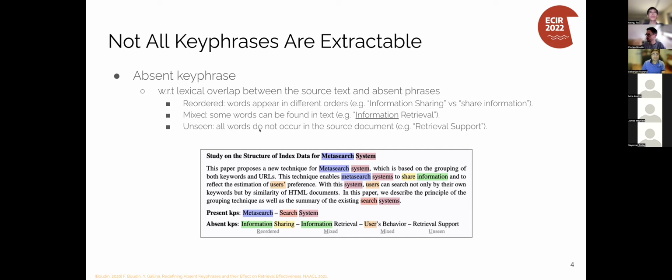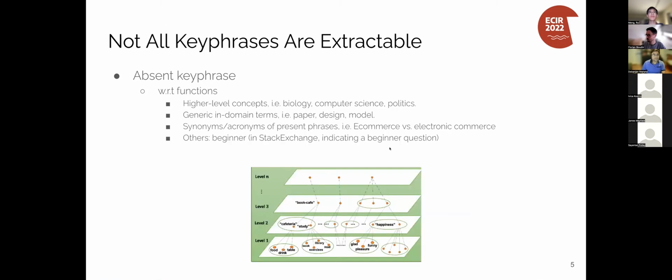By mixed, we mean some words can be found in the text, so the phrase can be partially found in the text. And unseen absent phrases means all the words do not appear in the source document.